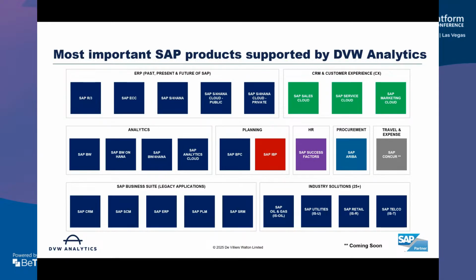But not only those ABAP solutions, even the more modern SAP solutions that are maybe in the cloud, such as the Sales Cloud or Marketing Cloud, etc., C4C, by design, we can connect to all of those, and to the acquisitions, if you like, so SuccessFactors, Ariba, and soon Concur as well. So pretty much anything with SAP on the label, we can connect to.